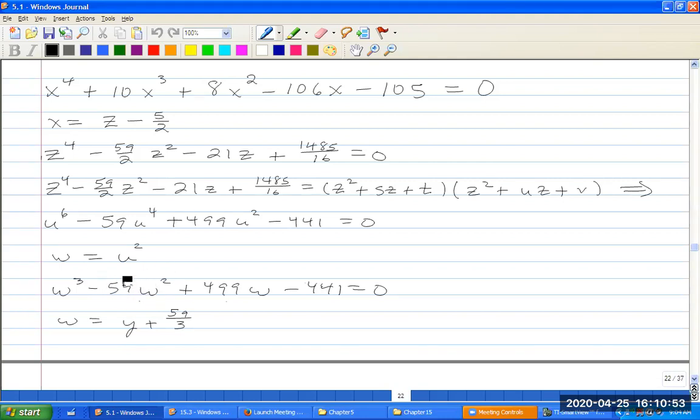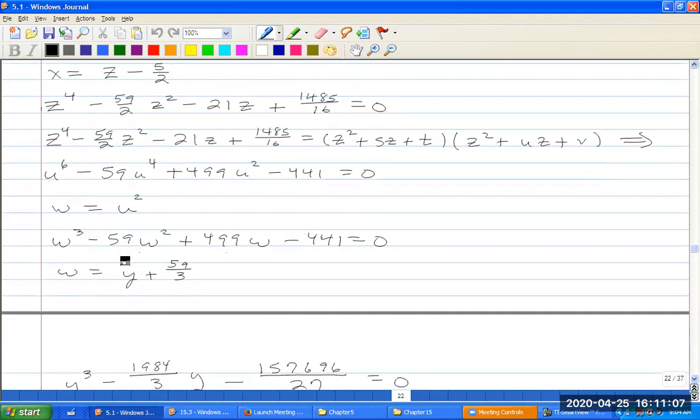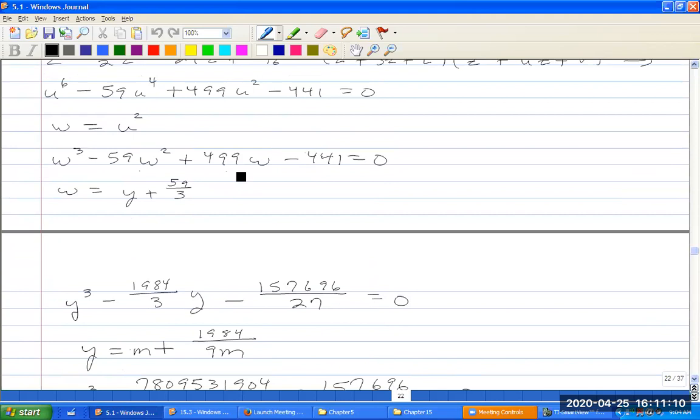And so you just do w equaling y minus negative 59 over 1 times 3, so 59 over 3. The minuses cancel. So you would plug that in, simplify. You get something of the form y cubed minus 1,984 over 3 y minus 157,696 over 27 equals 0.